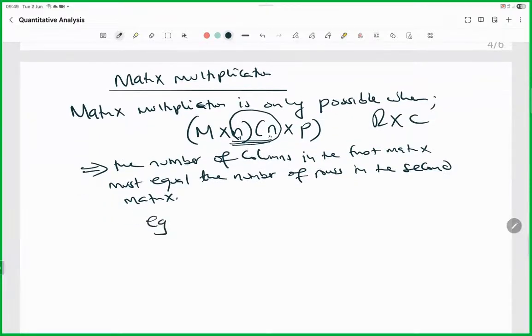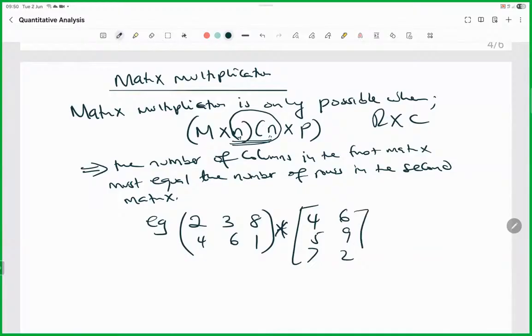Very, very important for this to really happen. See, you are given 2, 3, 8, 4, 6, 1. We're told to multiply this with 4, 5, 7, 6, 9. So the first thing you're supposed to do is to write the orders of these two matrices.